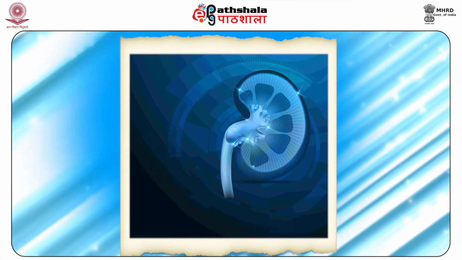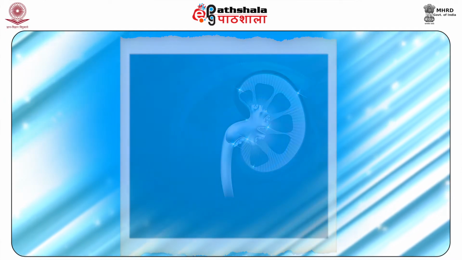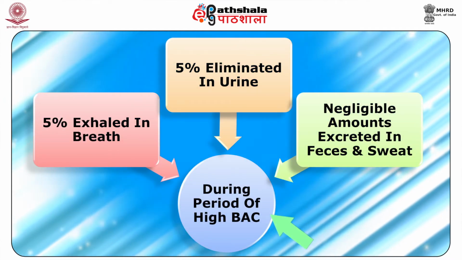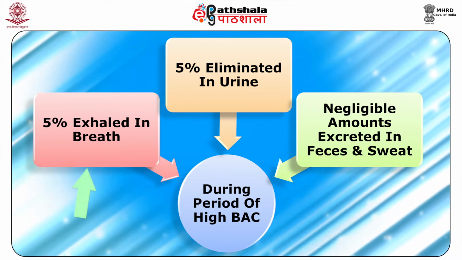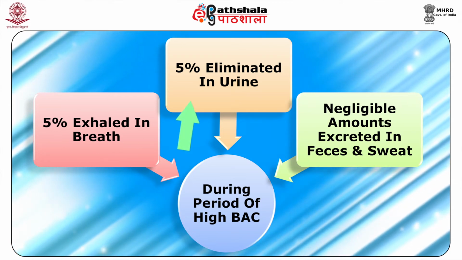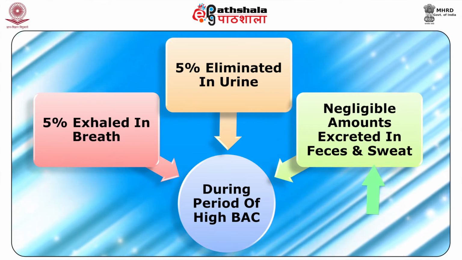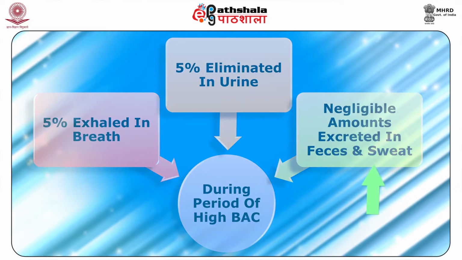The remainder is eliminated through breath, sweat, urine, saliva, and breast milk. During the period of high BAC, about 5% of the alcohol is exhaled in breath and another 5% is eliminated in urine, with negligible amounts excreted in feces and sweat.